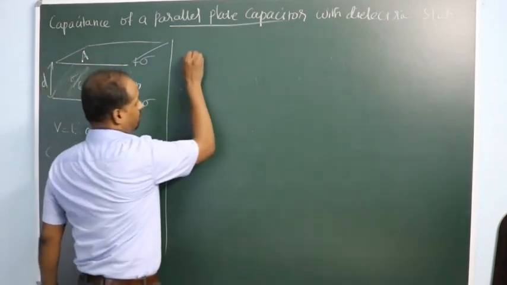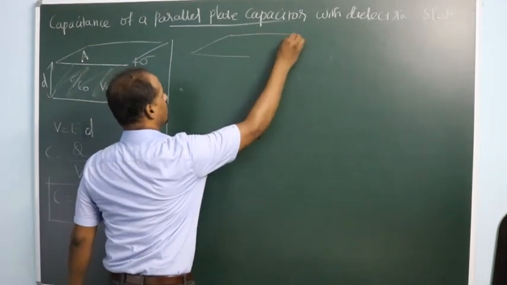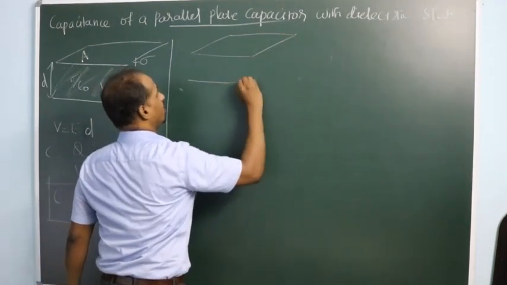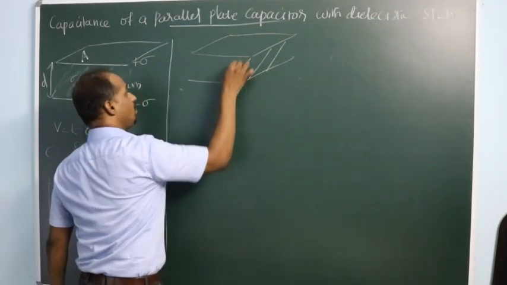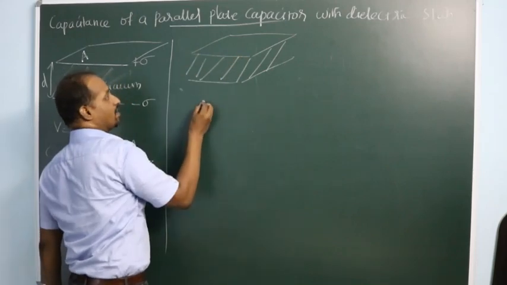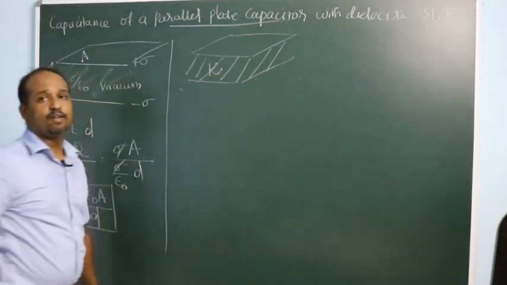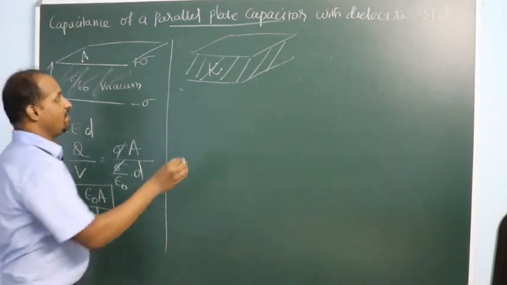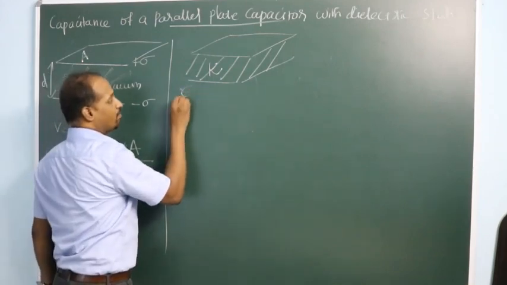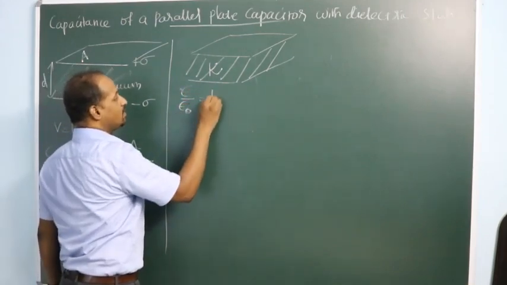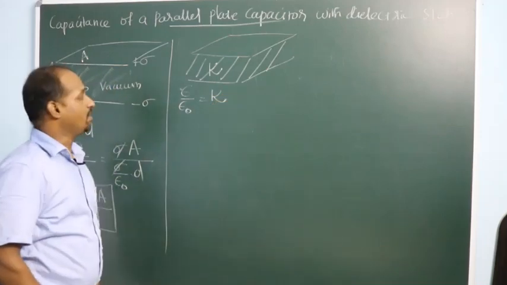Second, if you have a capacitor and between the sheets you are fully filling it with a dielectric of constant K. We know that epsilon by epsilon naught is the relative permittivity or dielectric constant.